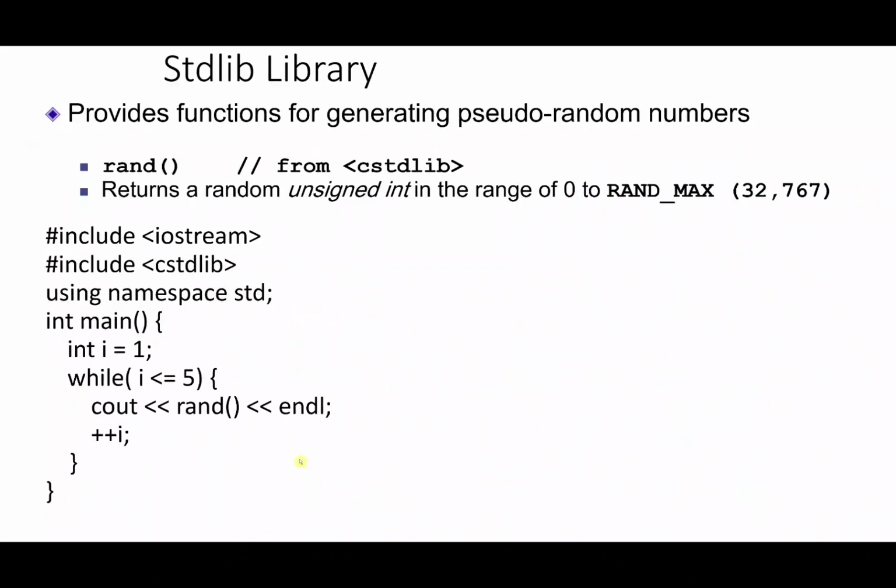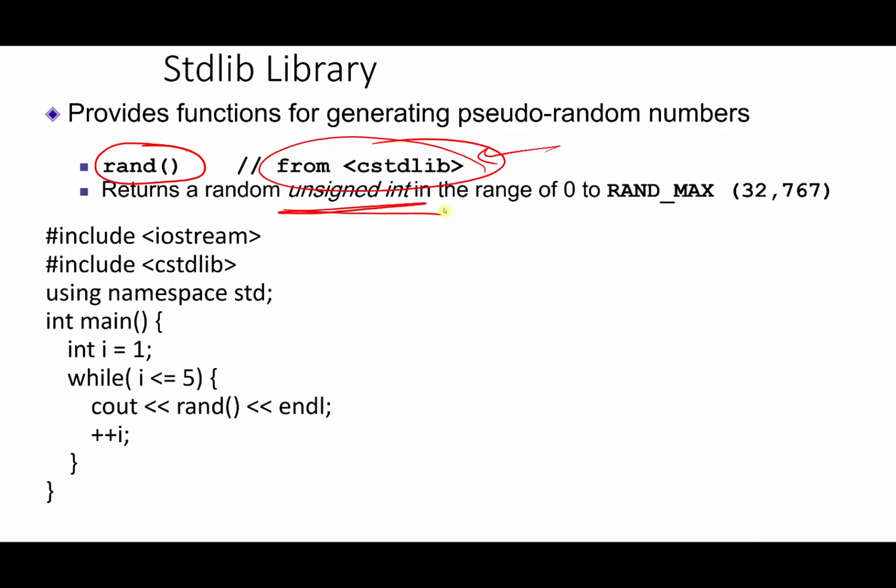So how we do it in programming in C++ is we use the rand function. The rand function is from the cstdlib. So if you're going to use the rand function, you have to include the cstdlib. So this returns a random unsigned int.